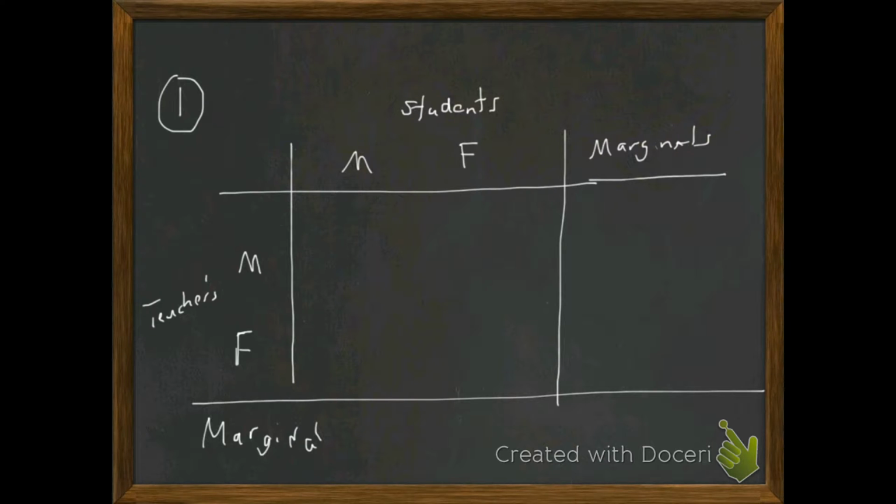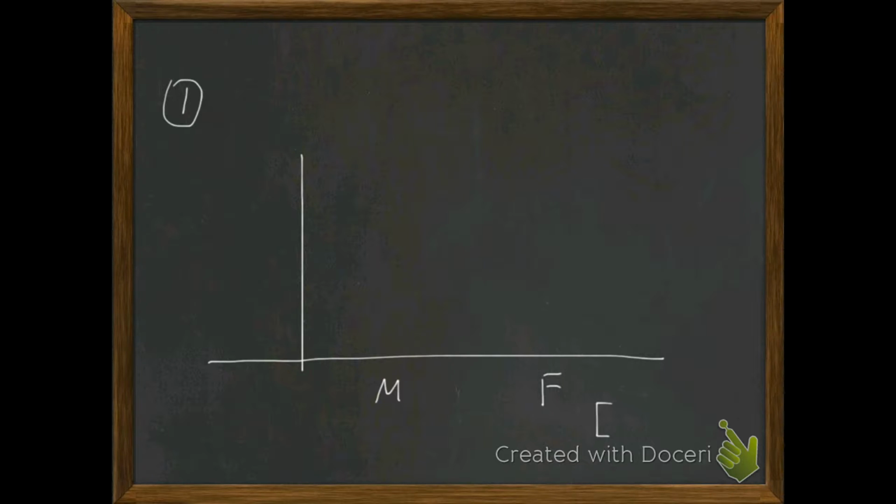Now for each of these, I want to create the marginal means plot. And I'm going to do that over the students' gender. And I don't know. What are we going to do here? Let's go in with a blue for male teacher.